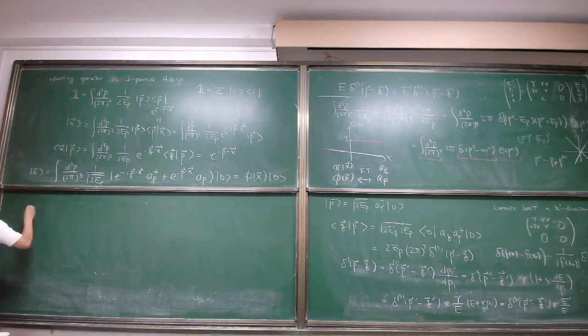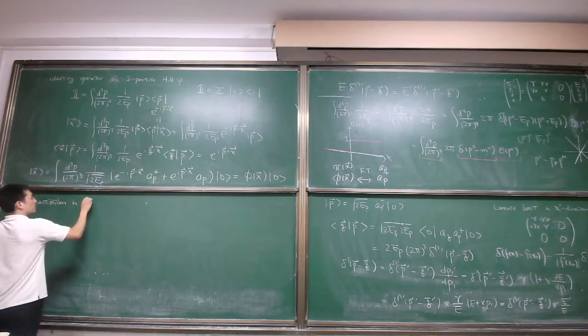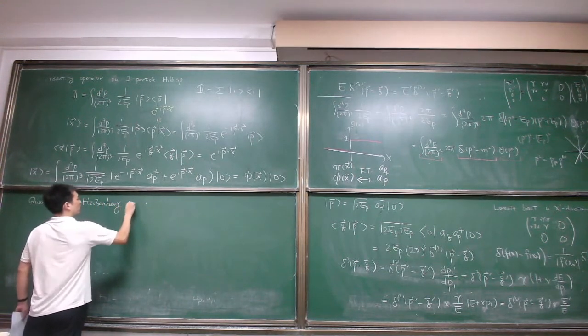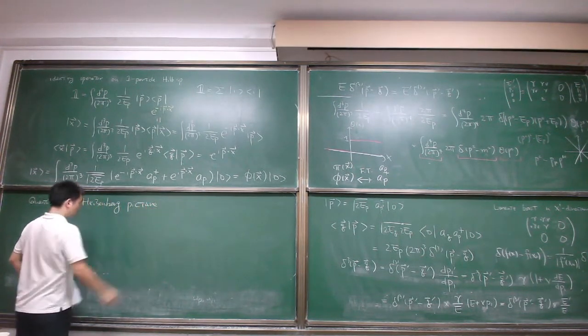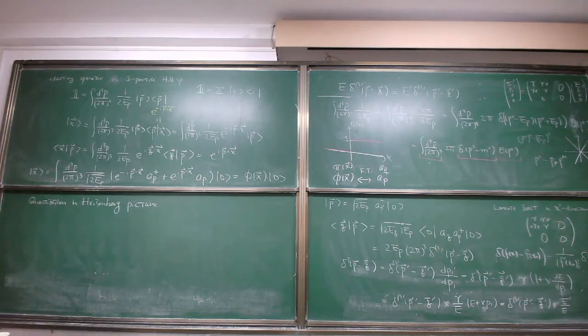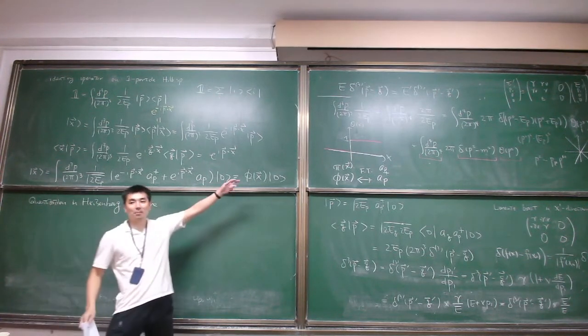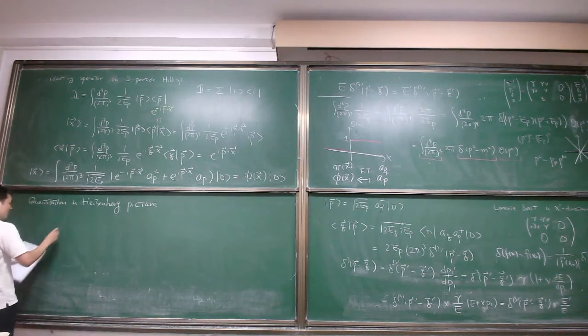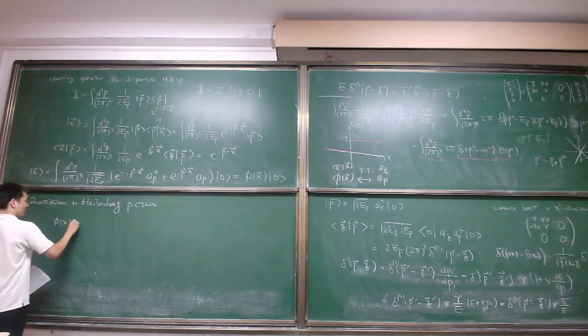To do that, you will see the condensation in a Heisenberg picture. So now I treat phi of x as the operator in the Schrödinger picture. Now to make it the Heisenberg picture, we just have the following.